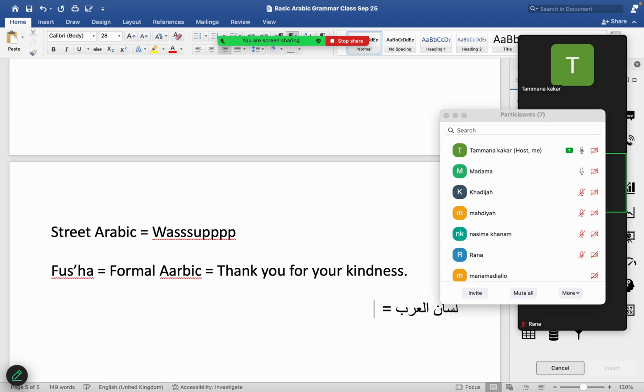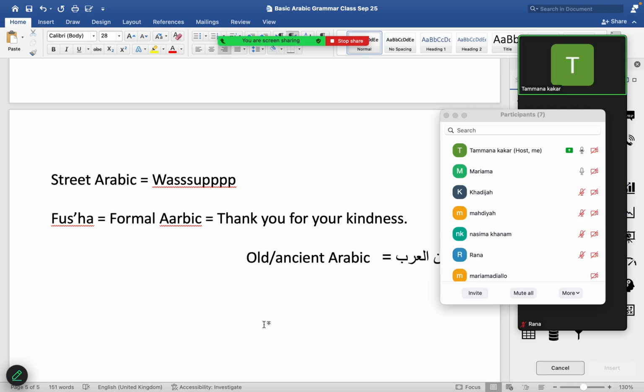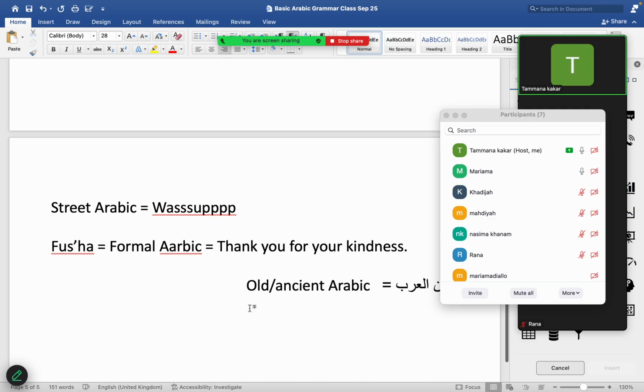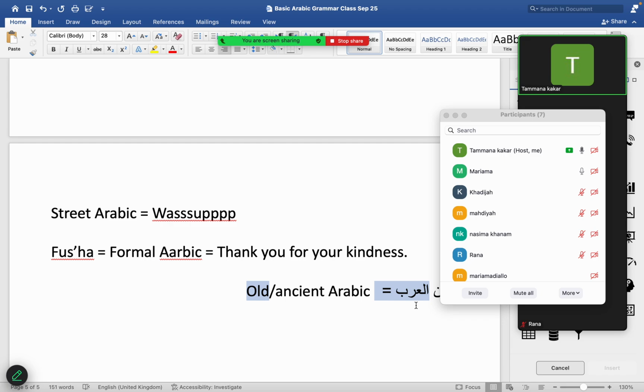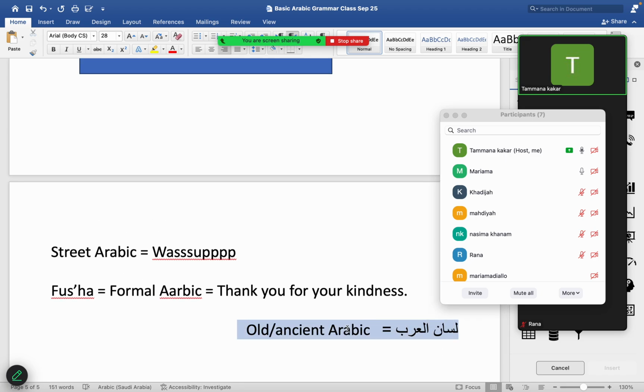And what is Lisanul Arab? Old or ancient Arabic. Any question? And what grammar will we be learning? We will be learning this grammar, Lisanul Arab. So Quran is an example of Lisanul Arab, ancient Arabic.